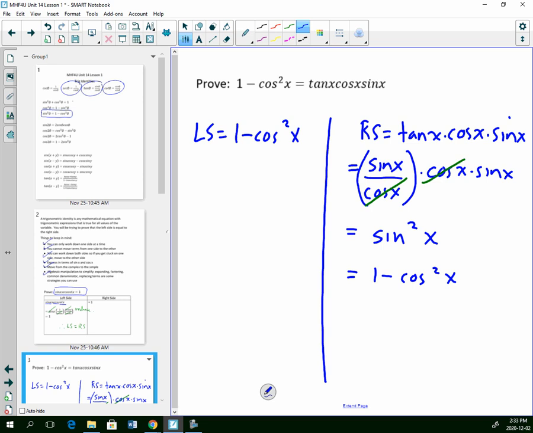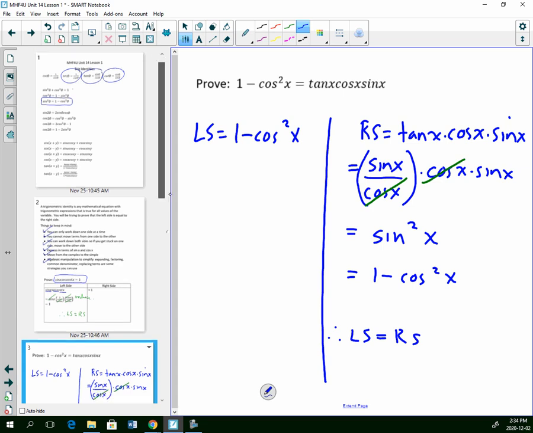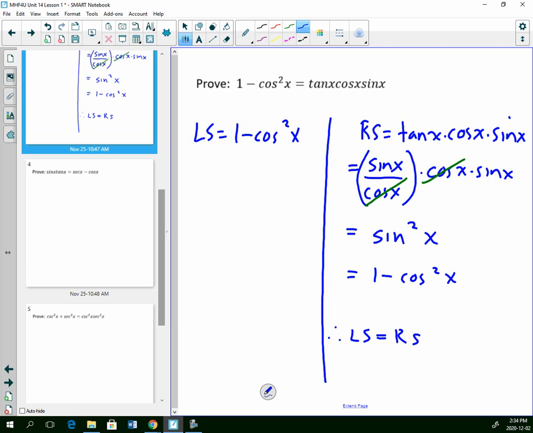Once that happens, I can say, therefore, left side equals right side. Keep in mind that sometimes, once we get into the more complex identities, there is more than one way to do these. You might do it in 2 lines. I might take 8 lines. Depends on how you approach it and your strategy going down through the proof.